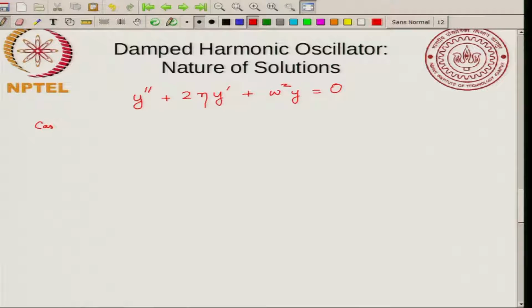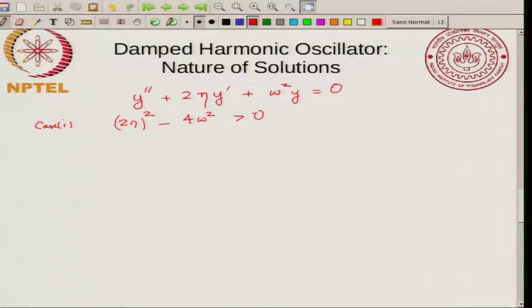Case 1 is when 2 eta square minus 4 omega square is greater than 0.